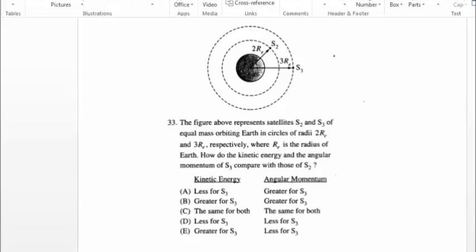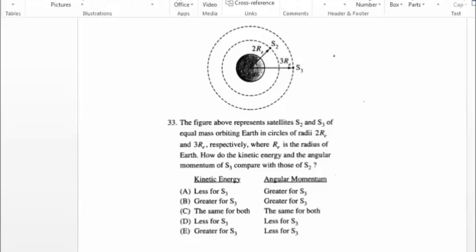So the kinetic energy of the satellite S2 will be more than the kinetic energy of the satellite S3, because the velocity is more here. Because we know the orbital velocity varies as 1 over root r.